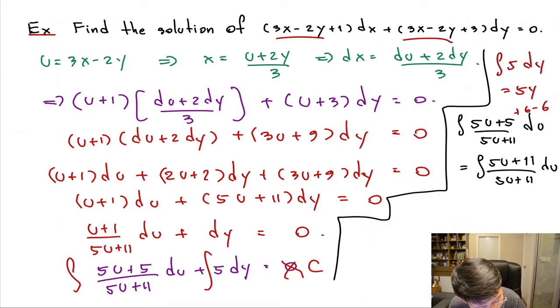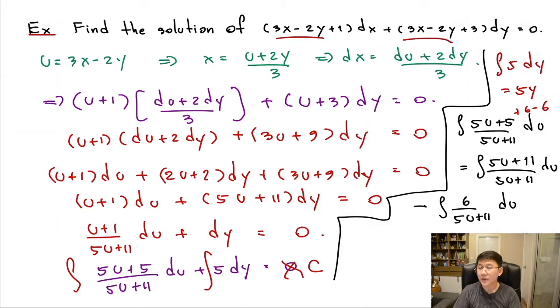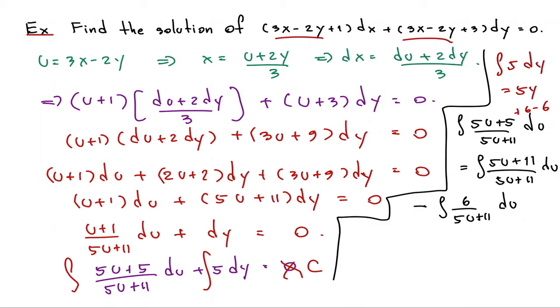And then I have minus 6 over 5u plus 11 du. Make sense? That's the technique from integration techniques. So I plus 6 and then minus 6, so it's the same as plus 0. It doesn't change anything. If I plus 6, 5 plus 6 is 11, and then I have minus 6 here. Okay? And that is just the integral of 1 du minus the integral of 6 over 5u plus 11 du.